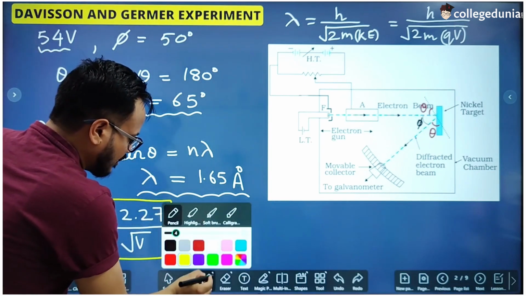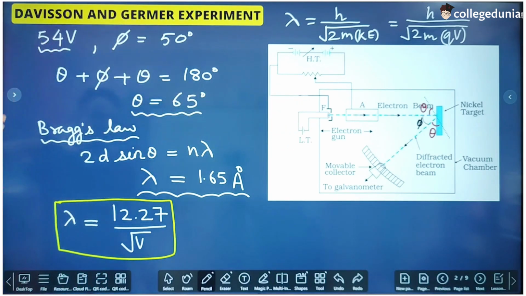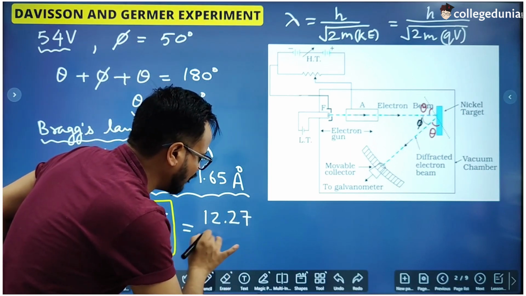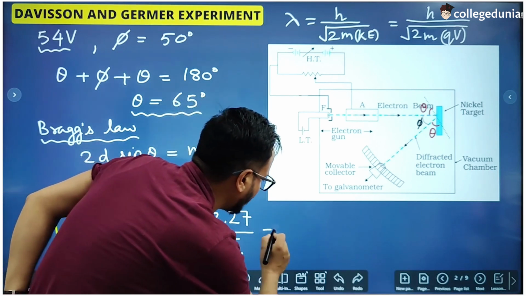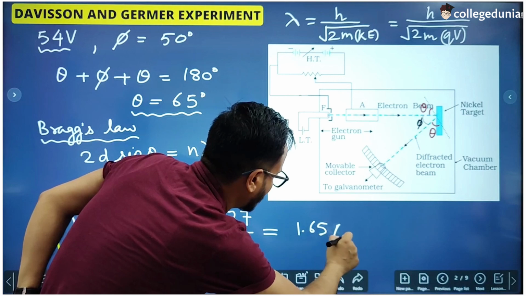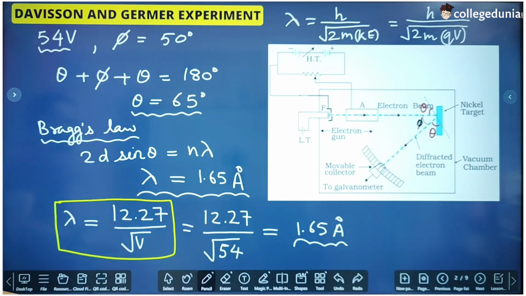The voltage through which these electrons are accelerated is 54. So if you put 54 in place of v, you are going to get the answer as 1.65 angstrom again, right? So we are getting the same answer from both the formulae.